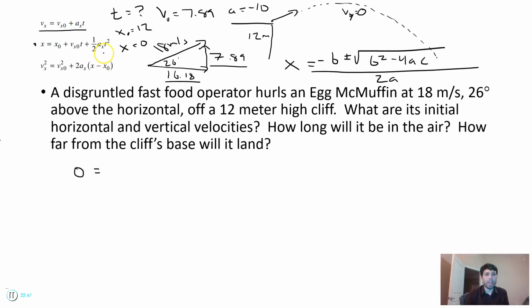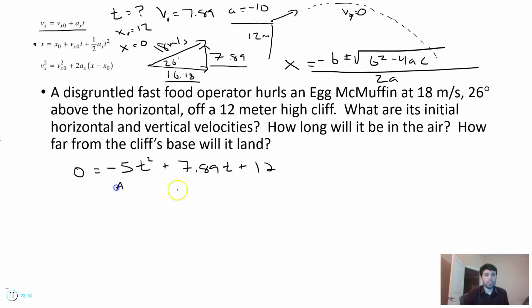So 1/2 a. 1/2 a is negative 10, half of that's negative 5, so negative 5 times t squared plus v naught t. V naught is 7.89 times t. And then plus my initial position, which is 12 meters.